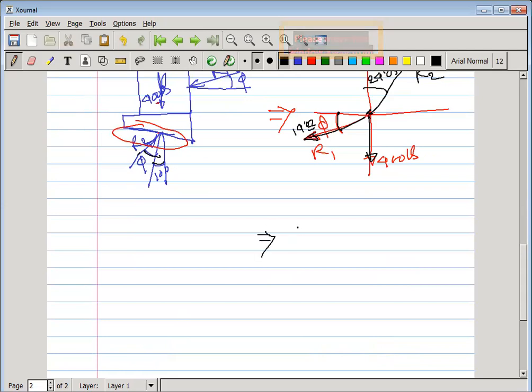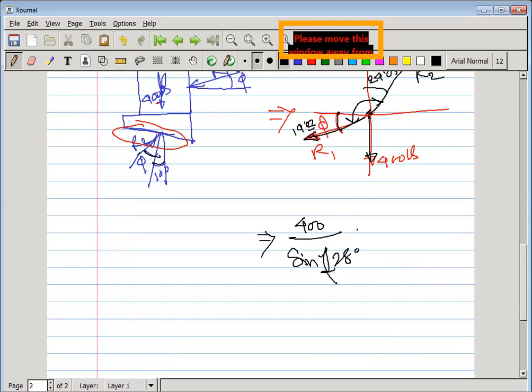How? You know Lami's theorem: put 400 divided by sine of how much? This angle, this is 90, this is 24, this is 14, so it is sine 128 approximately, and is equal to R1 by sine of this angle.